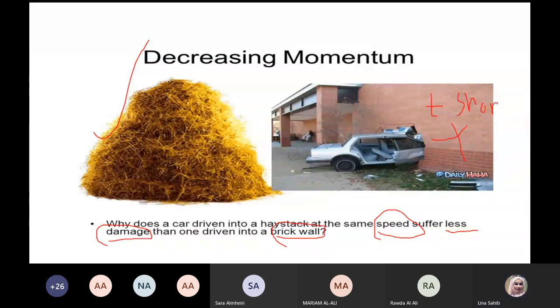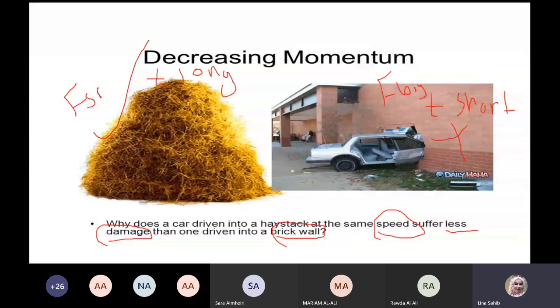Okay? While here the time is long. This is why there are different forces. This is why the force here is big, while there the force is small.